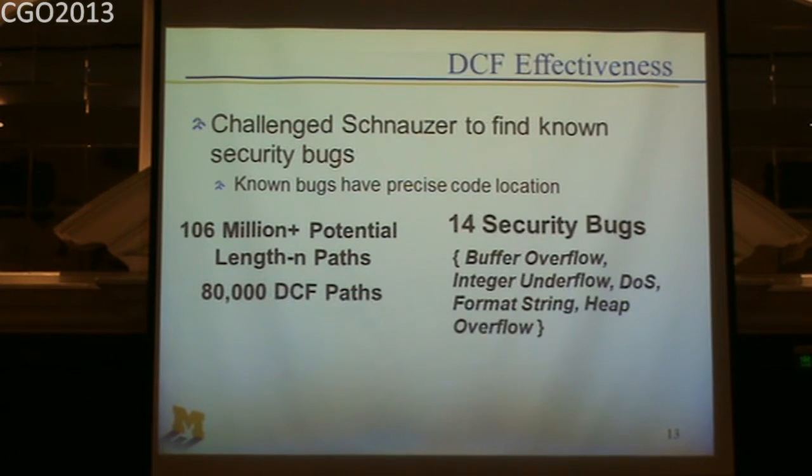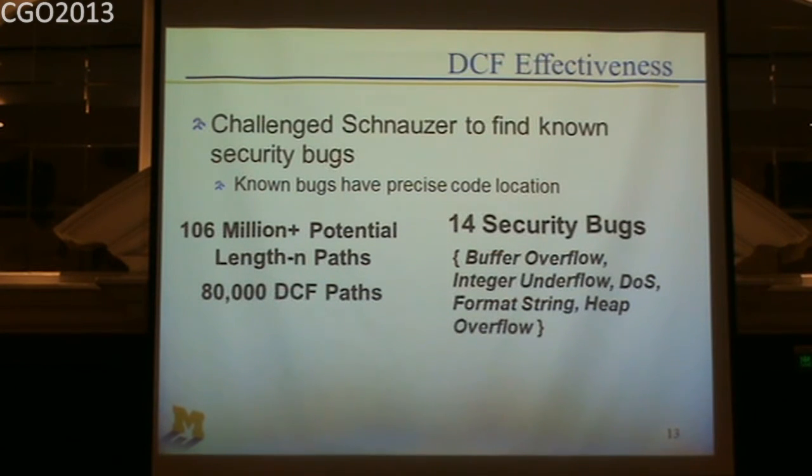And we discovered 14 known security bugs identified in the National Institute of Standards and Technology's National Vulnerability Database, of a variety of exploit types, that were in fact on the dynamic control frontier for these applications.